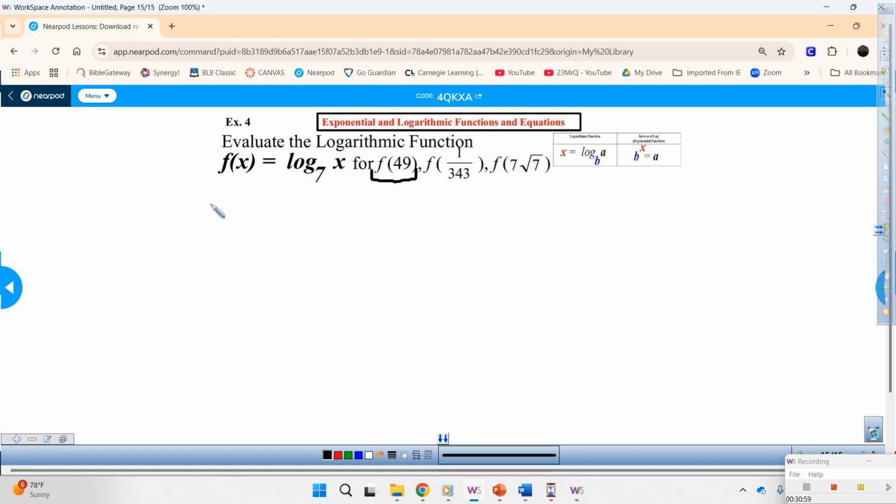So let's write f of 49 equals log base 7 of 49. So, first thing we did was substitute whatever value they give us. Second step, we're going to change the function notation to y. y equals log base 7 of 49.